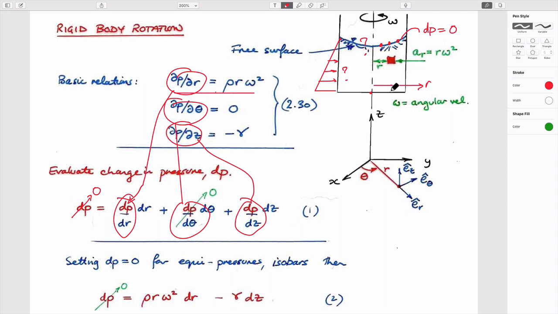As you go further out, radius increases, so the pressure change would increase. The pressure change would look something like this as you go outwards. The gradient is proportional to radius, but this is actually the magnitude of the pressure, not the gradient. So we know that in the middle it needs to be 0.